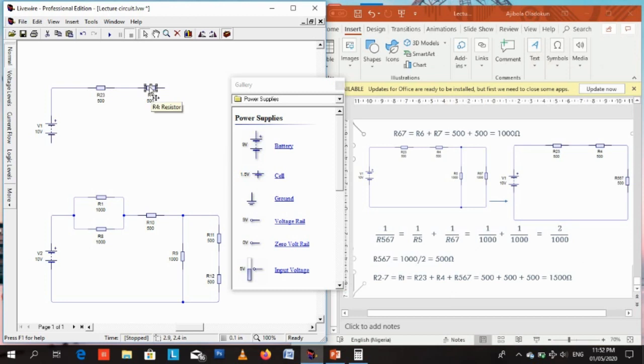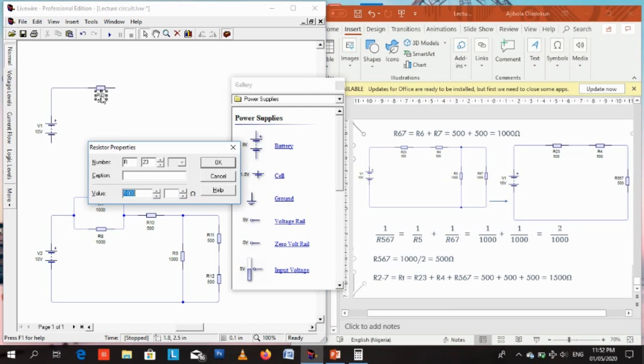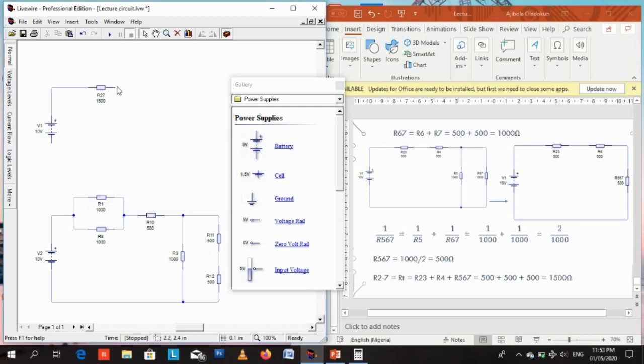So we can replace these last 3 resistors that are in series with just one resistor, you can call it R27, 1500 ohms. So this is the total resistance of the entire circuit, composed of both resistors in parallel and resistors in series, from R2 to R3, R4, R5, R6, R7, all of them from R2 to R7.